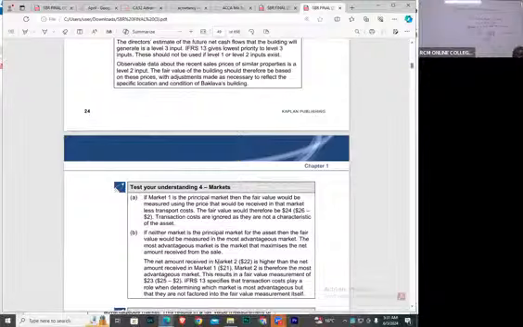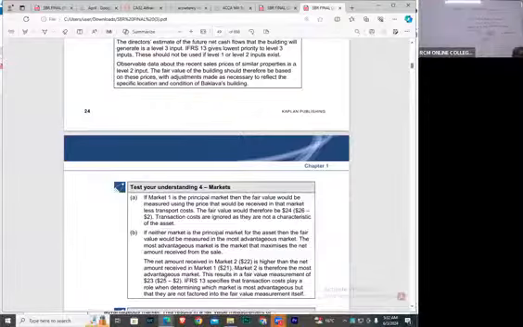You can see the net amount received in market 2 is 22, which is higher than the net amount received in market 1, which is 21. Market 2 is therefore the most advantageous market. This results in a fair value measurement of 23. Remember, fair value is this selling price 25 minus 2.